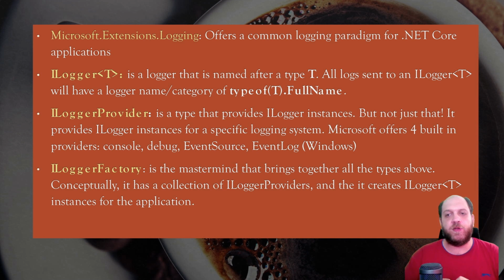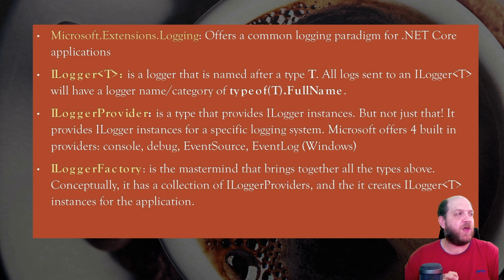Once again, this is important because it really helps us to better understand by which class was each log generated, and that could really help us a lot when we do some bug investigation or troubleshooting or things similar to that. Now, I use the terminology that the type T actually defines the name of the logger, but in the Microsoft documentation, you will often see the terminology category. I really prefer to use name because it's easier to grasp and to understand what this T is all about, because it's there to just provide us with a named logger so that we know exactly which class did a certain log. So that's basically it.